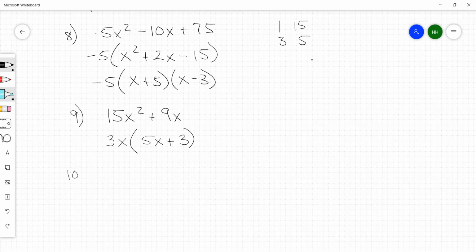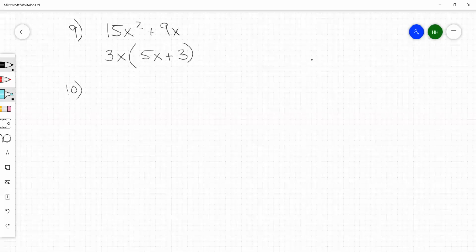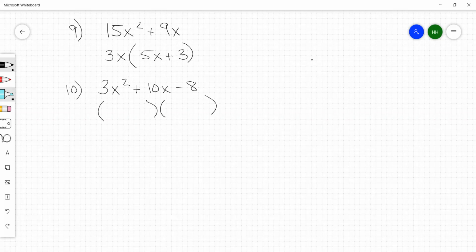And number 10. Three x squared plus 10x minus 8. So this is going to look like double parentheses. And I can't factor out a 3, so I'm going to have a 3x and an x.